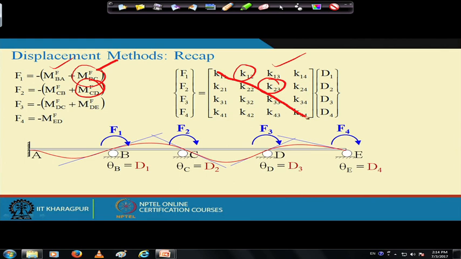And this stiffness matrix is symmetric. Another important property is that it is positive definite. What positive definite means we won't discuss here now, but this is a property of the stiffness matrix. I request you to see any linear algebra or matrix algebra book to see what a positive definite matrix is.